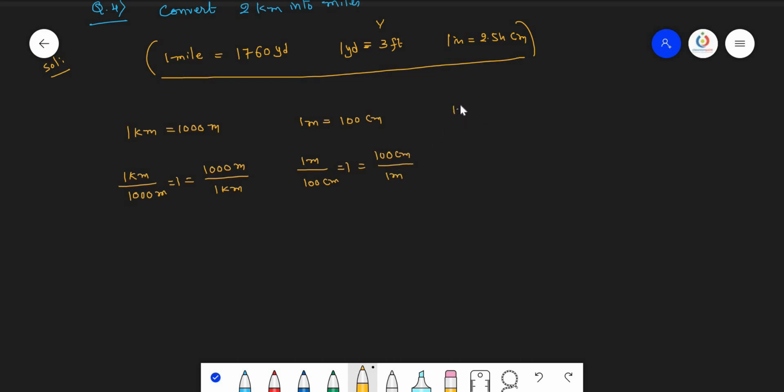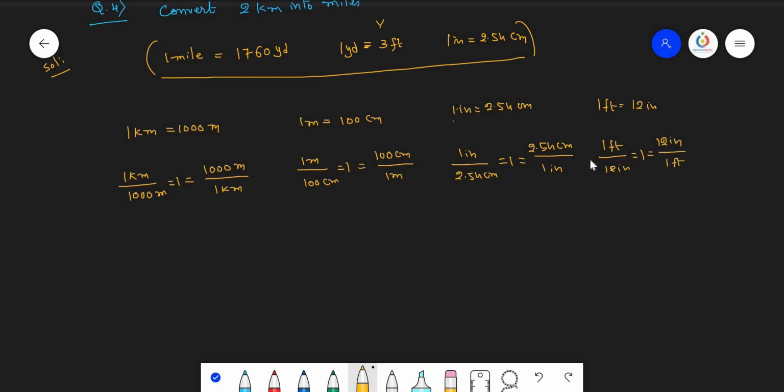Next, let us take 1 inch equals 2.54 centimeters. This is one relation. So 1 inch by 2.54 centimeters equals 1, that equals 2.54 centimeters by 1 inch. And similarly, 1 foot equals 12 inches. So here 1 foot divided by 12 inches equals 1, that equals 12 inches divided by 1 foot.